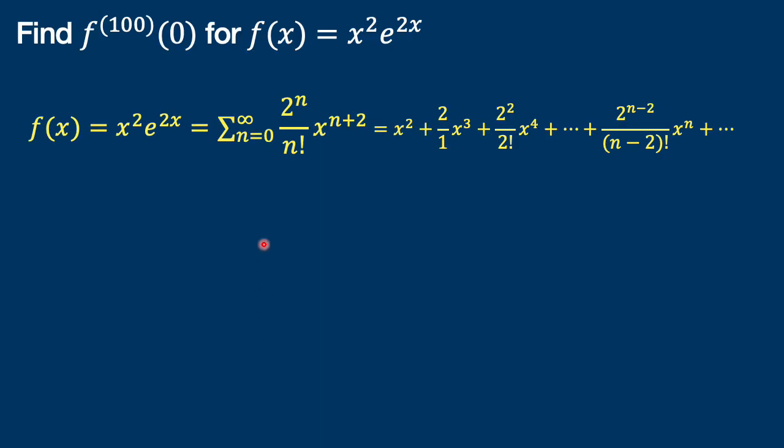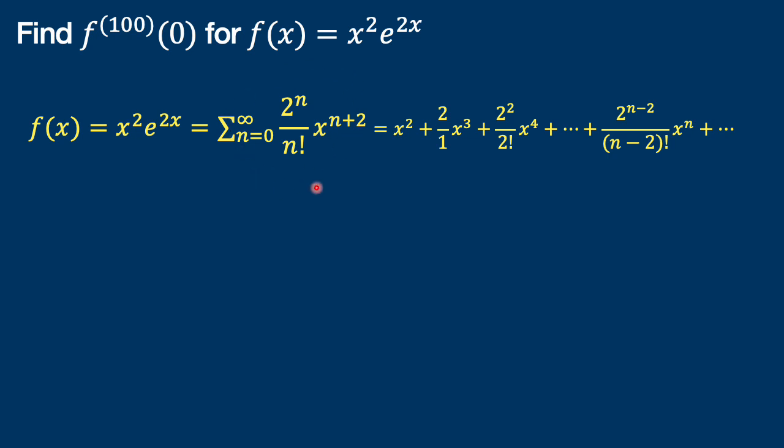Let's find f to the 100th derivative of 0 for f of x equals x squared e to the 2x. On the previous slide, we found the Maclaurin series of x squared e to the 2x. That's going to be the sum of 2 to the n over n factorial, x to the n plus 2.